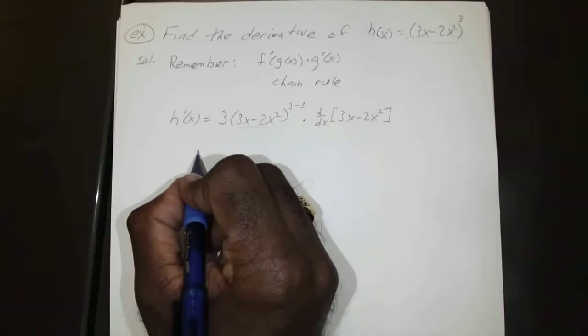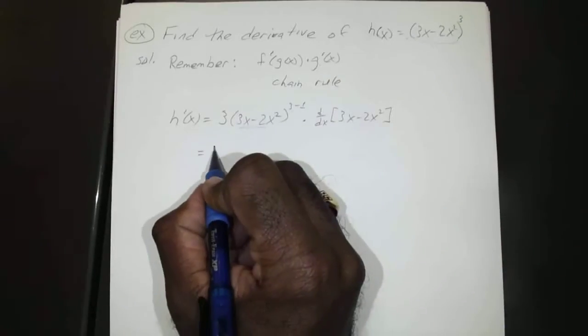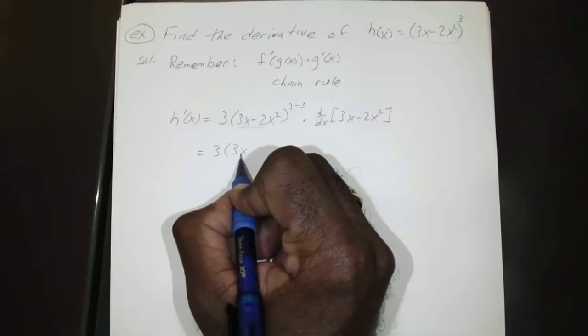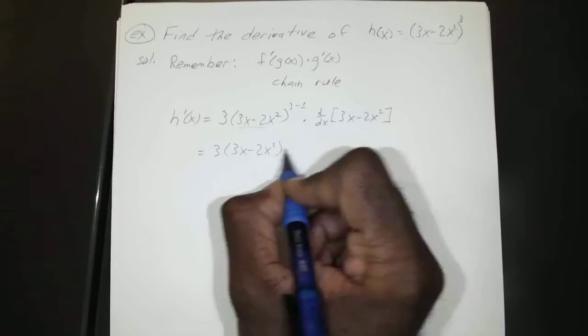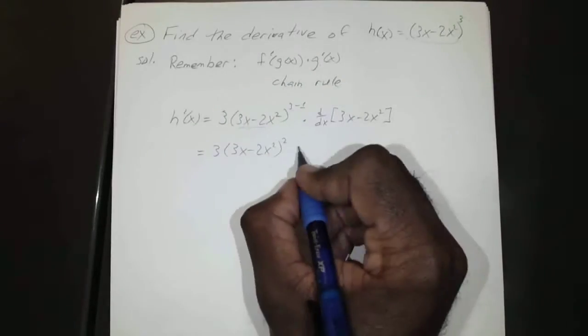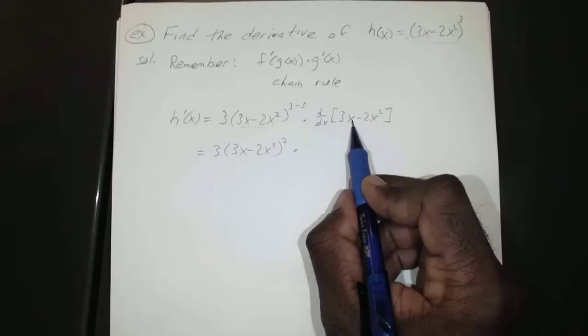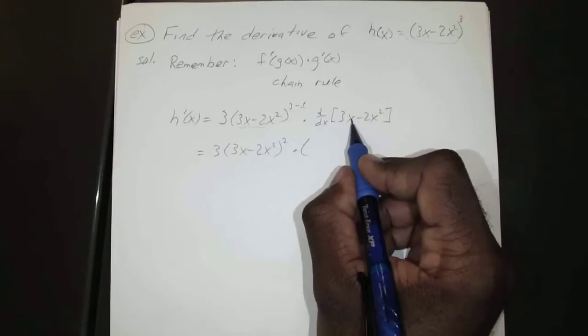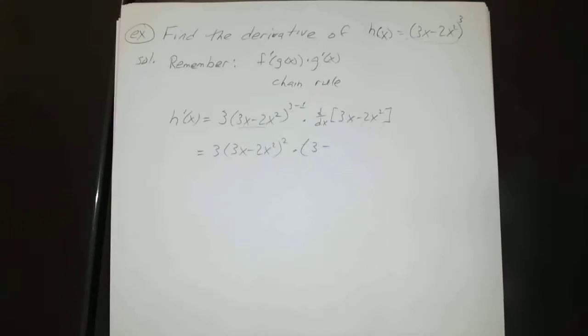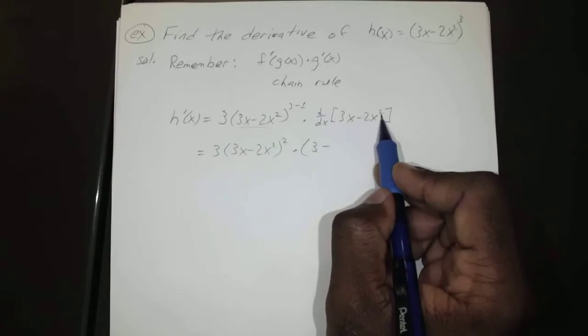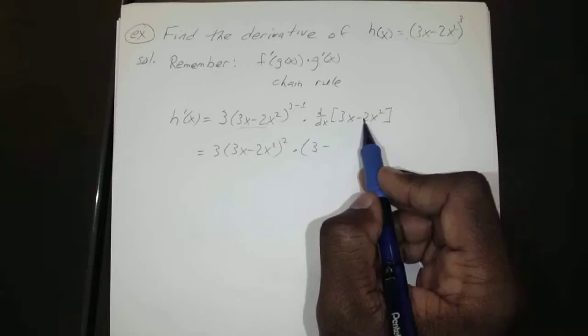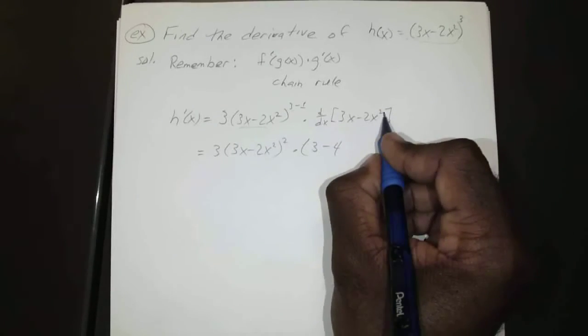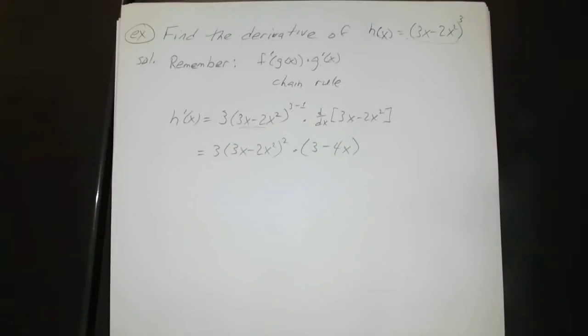So that's going to equal 3 times 3x minus 2x squared times the derivative of 3x minus 2x squared. The derivative of 3x is just 3. Minus 2x squared, you bring down the 2, 2 times 2 is 4, and subtract 1, so that's just x.